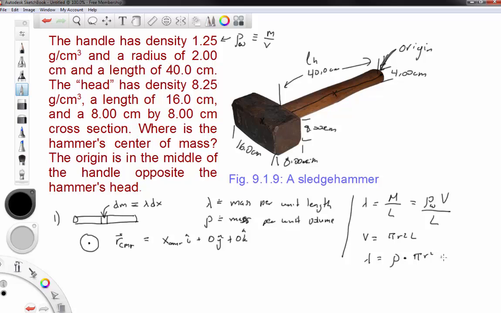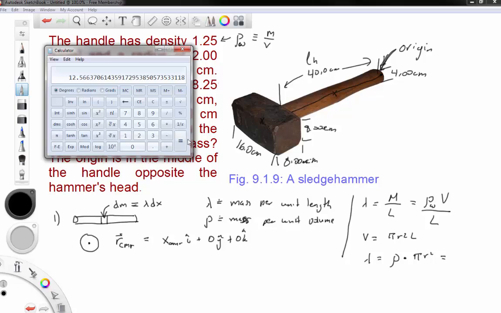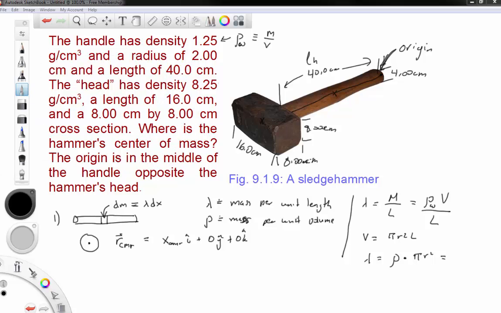All right, so r is 2 centimeters. Pi, of course, is the universal constant. If you multiply pi times r squared, you get 12.56. So now we multiply that by another 1.25, and we've got that the density is 15.7 grams per meter.